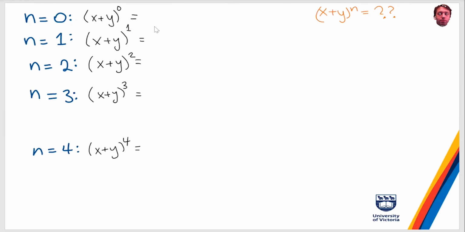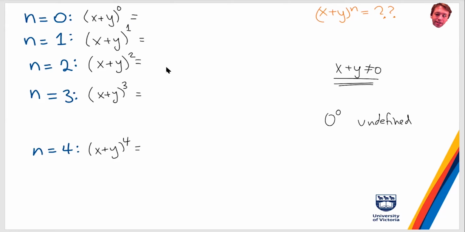Okay, let's play with some examples, maybe. I'll start with the easiest ones. So let's say x plus y is not equal to 0, because there are important issues that come up when you deal with this. We can't, 0 to the 0 is undefined, right?